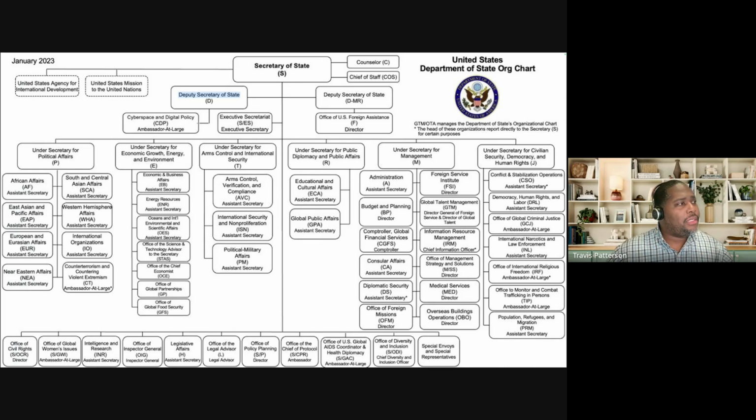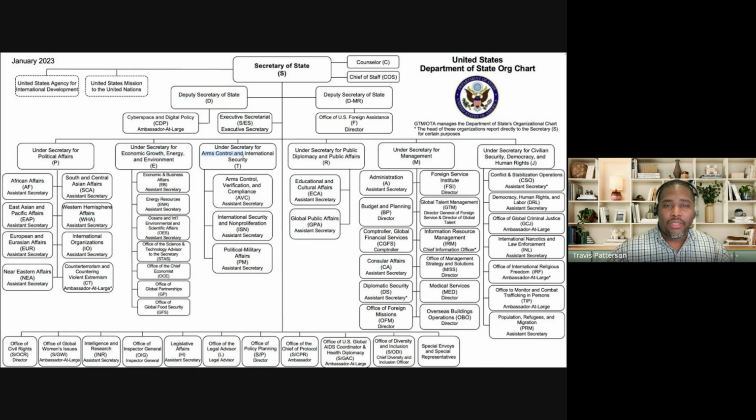But let's see here. But kind of jump into this section right here in the middle, which is kind of where we want to begin. Undersecretary of Political Affairs, you'll notice that these are pretty much the cones, right? Political affairs, economic, and environment.